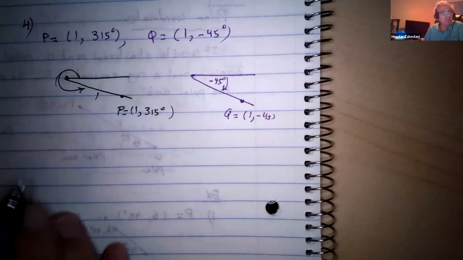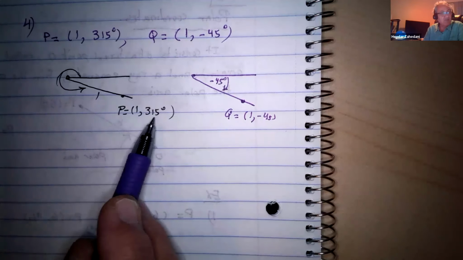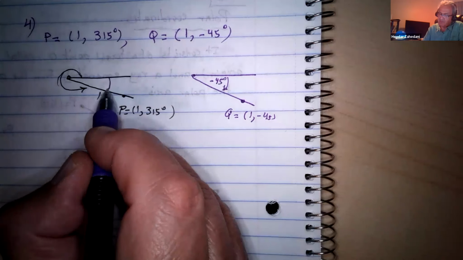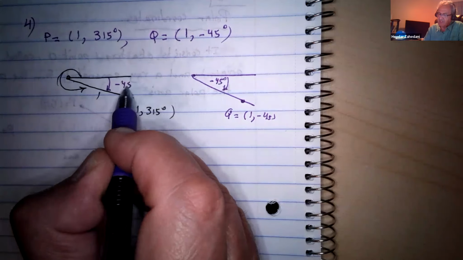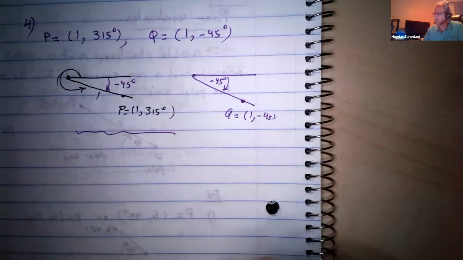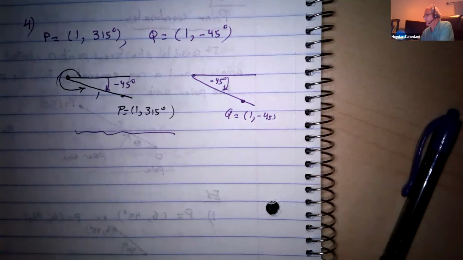So this one you can read as 1 and 315, and if you go from this direction, that also represents negative 45 degrees. Because this is going around the circle, we will explain the graphing when we get to it. But today, you can use your calculator to get these numbers.